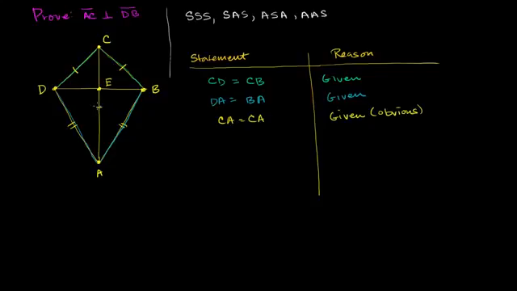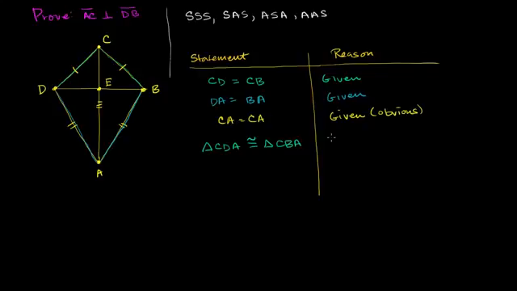So we have two triangles. Their corresponding sides have the same length, and so we know that they are congruent. So we know that triangle CDA is congruent to triangle CBA.